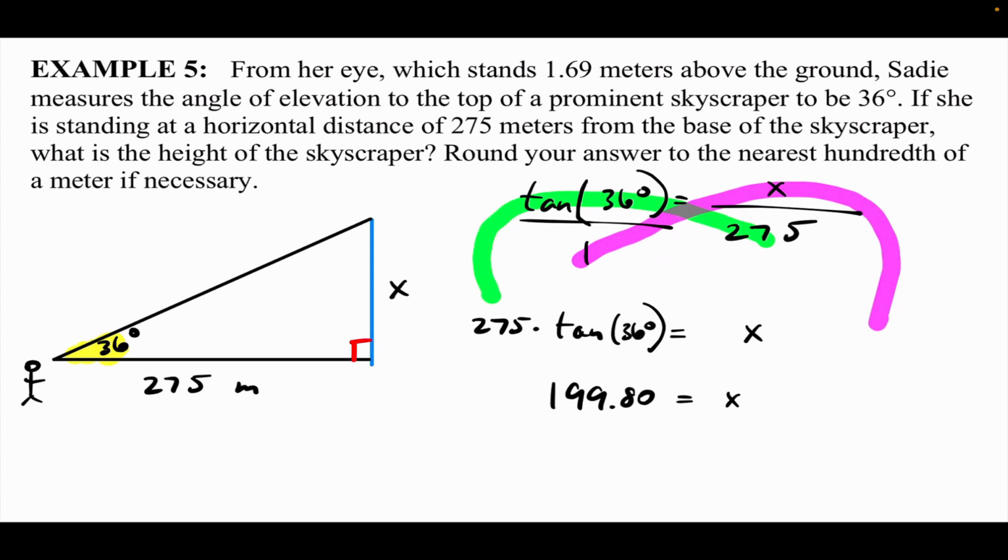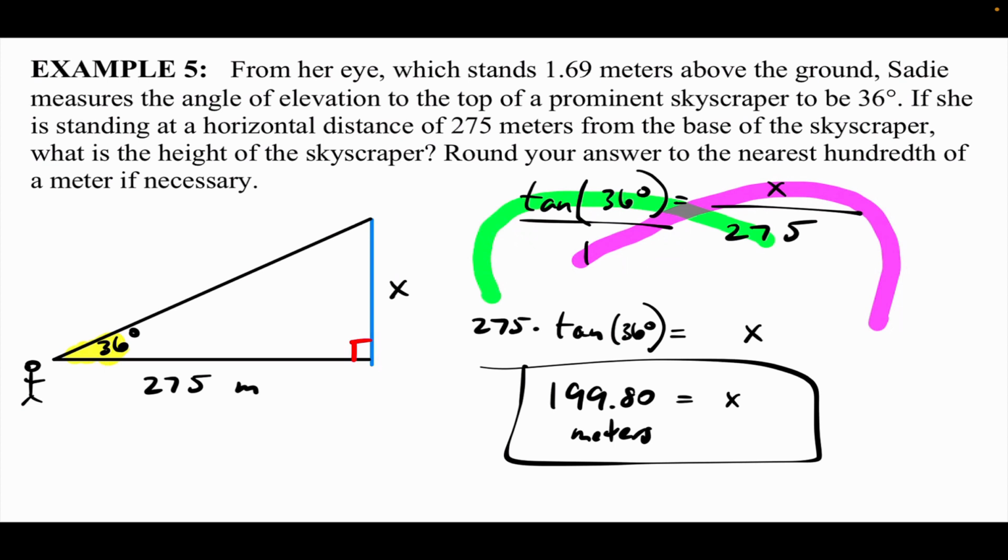And it is meters. That's how tall the building is. Almost 200 meters, which is about 600 feet.